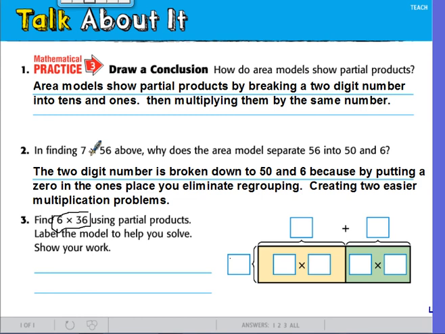I think you were still looking at number 2. We're on number 3 now. Okay, so which number is going here? 6. Now, what number goes into this first box over our first area? 30.